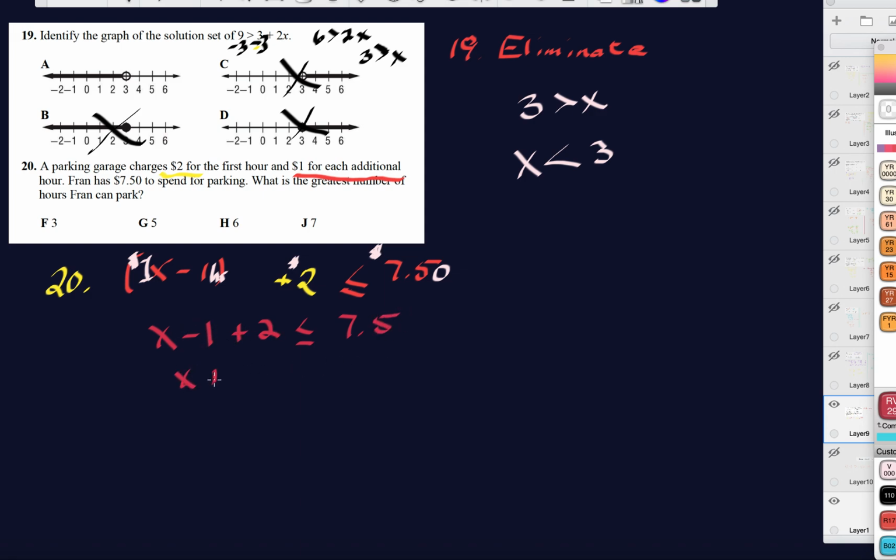So x plus 1 is less than or equal to 7.5, because I put my minus 1 and my plus 2 together. Now I'm going to subtract 1 from both sides. Minus 1. And x has to be less than or equal to 6.5, right?